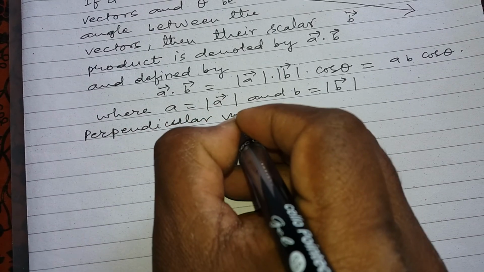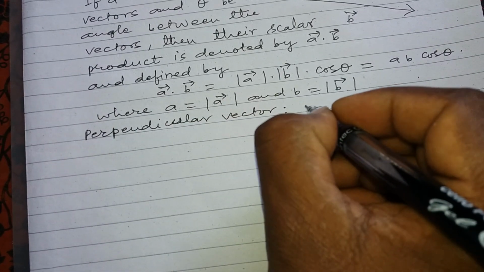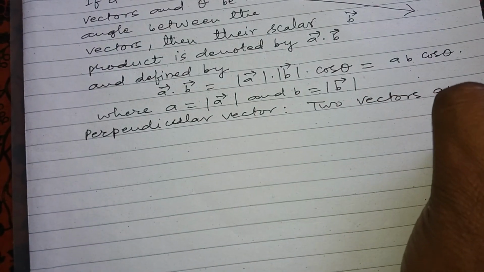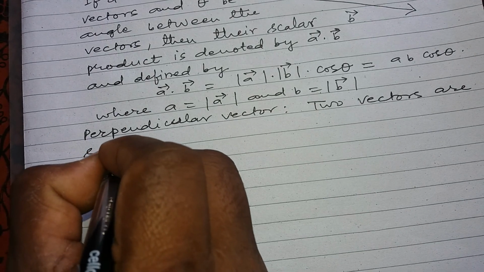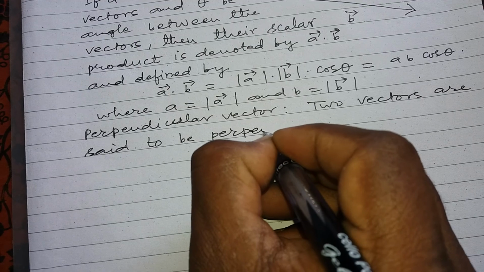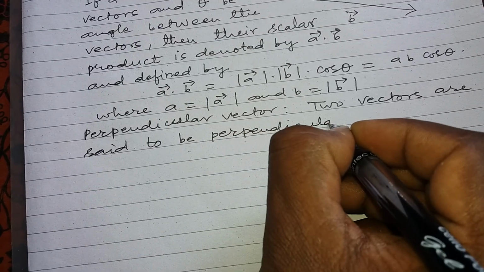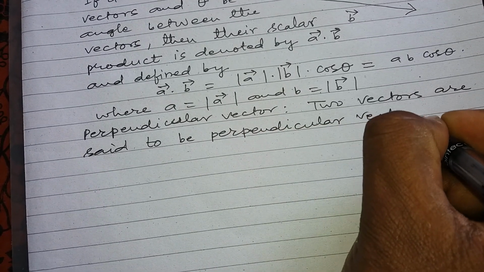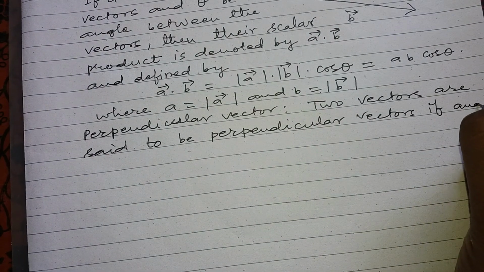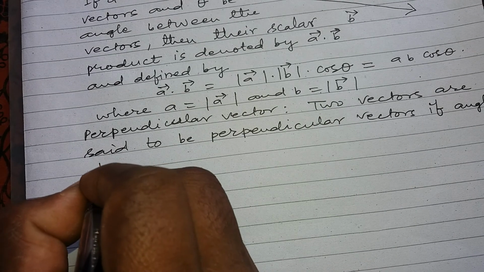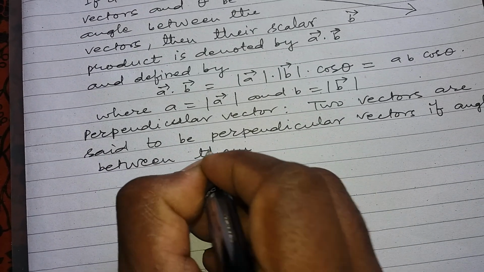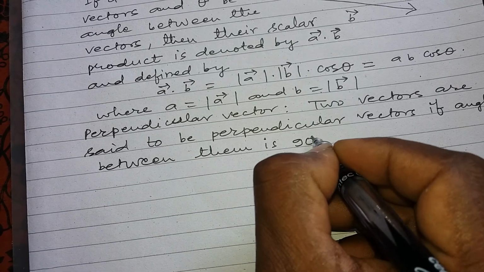Perpendicular vectors. Two vectors are said to be perpendicular vectors if the angle between them is 90 degree.